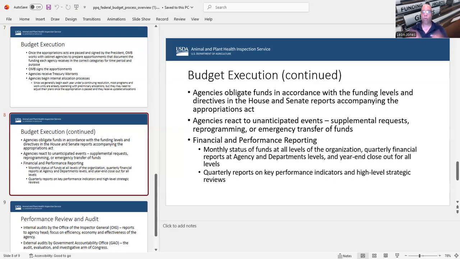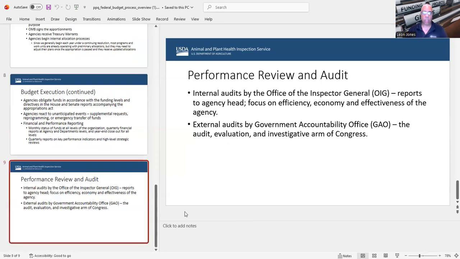And then you have your quarterly reports, and they're going to be based on what we call KPIs, key performance indicators, and there are also going to be high-level strategic reviews.